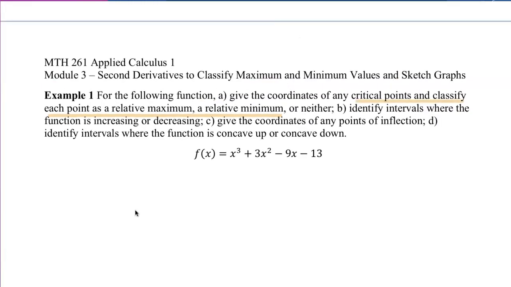So I'll make a note up here, okay? If you have positive second derivative, what does that mean? We're going to say, ooh, this is where relative minimum happens, okay?